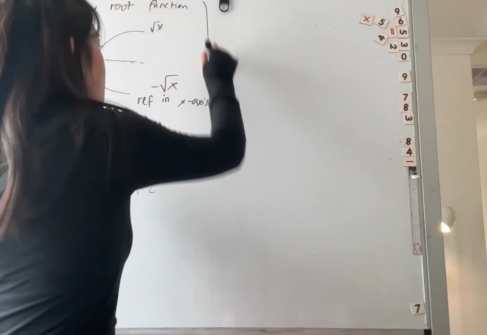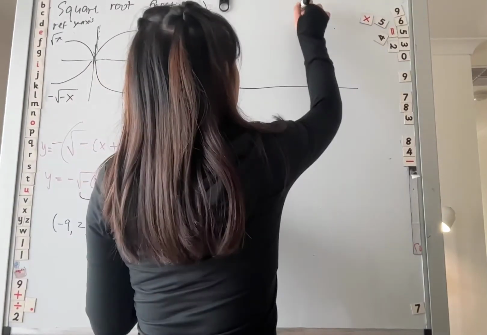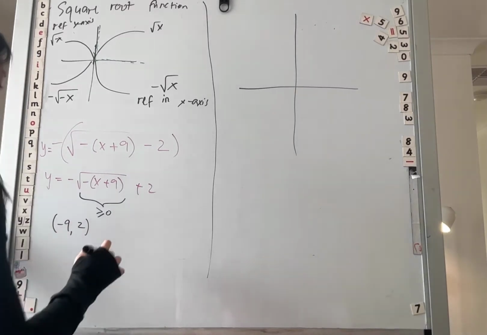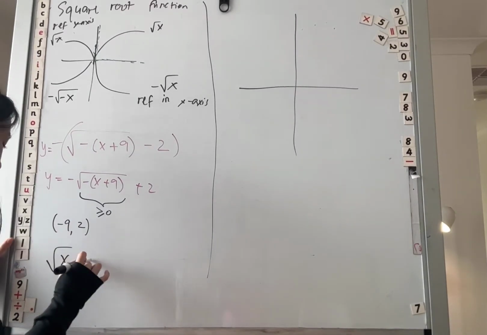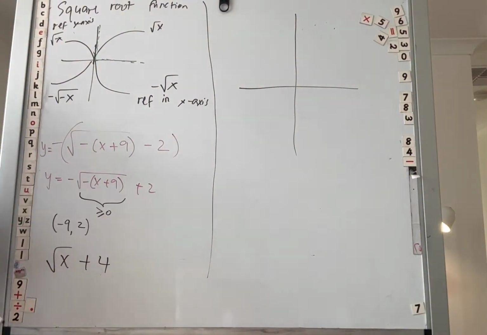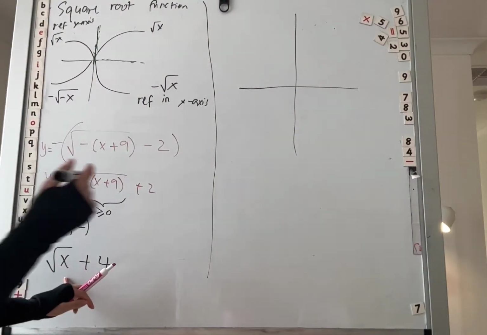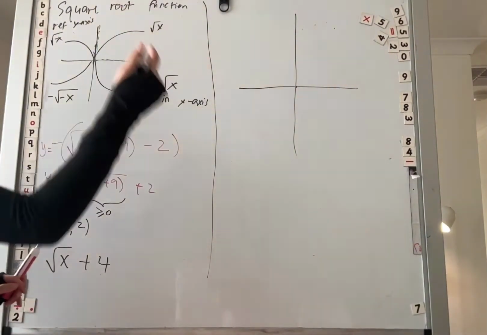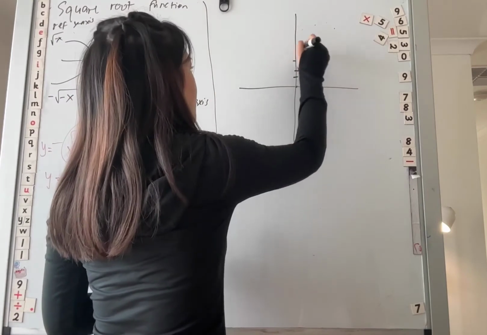Okay, so I'll just go through what is going through my head. So the first thing is if I have a function that's like root x plus 4. I'm going to do easy versions first and then go into the hard stuff. So if I have root x plus 4, well, I know that root x starts here, but I'm moving the graph up by 4 units. Think of it as translation, right?